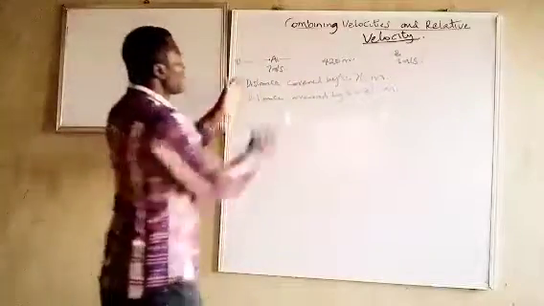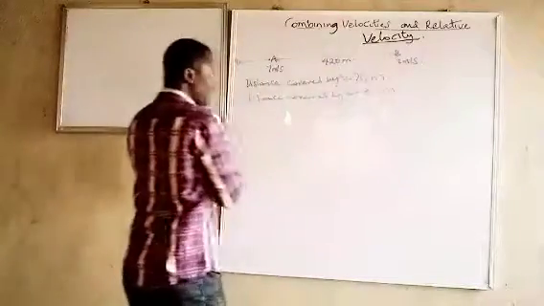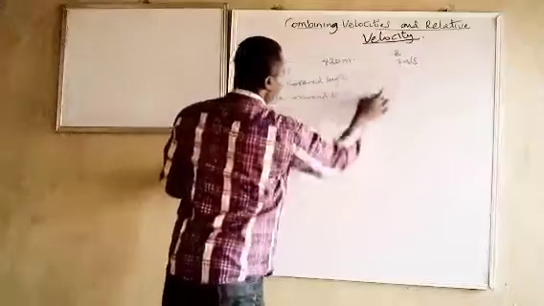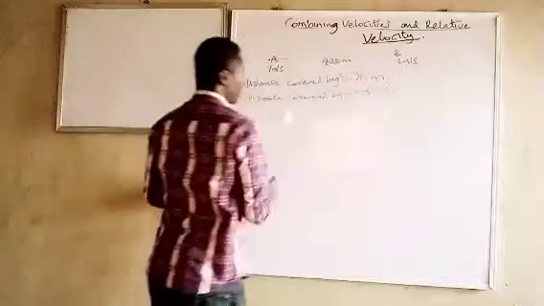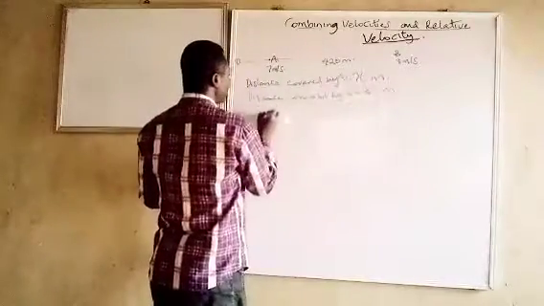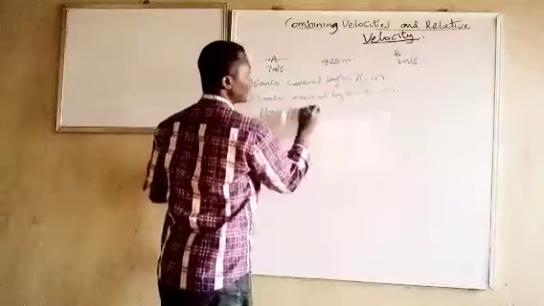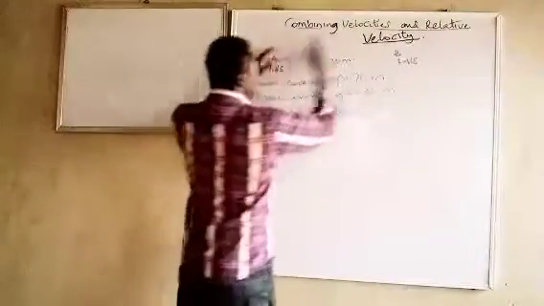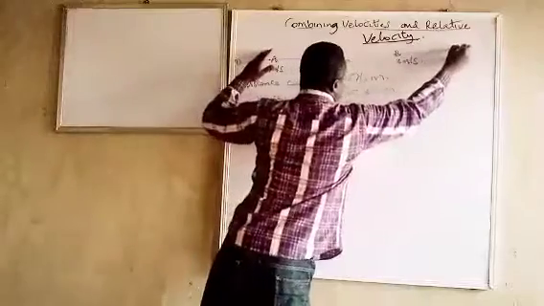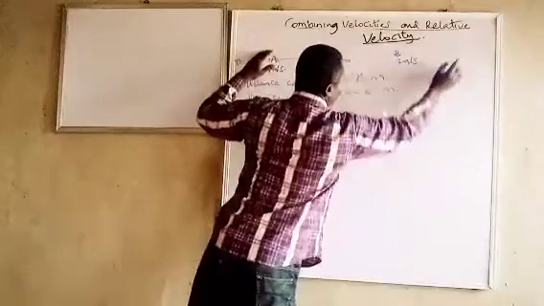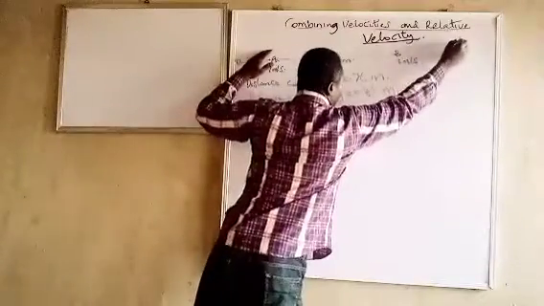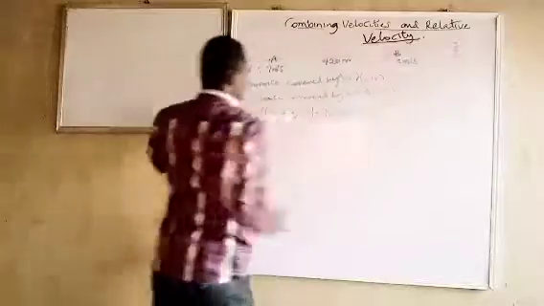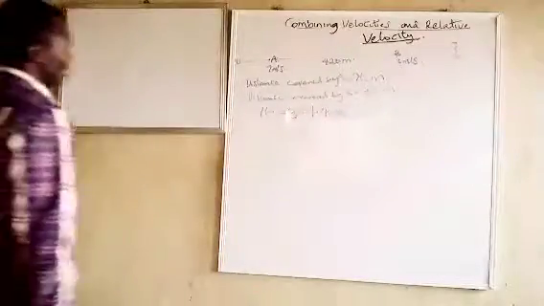Now, we have seen that the distance between them is 420 meters. I want to calculate the time when A will catch up with B. We will realize that 7t is equal to 3t plus 420, because that is the total distance they will cover to meet at this place at time t. Let's call this place C. They meet at C at time t.